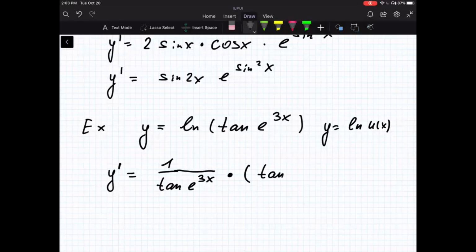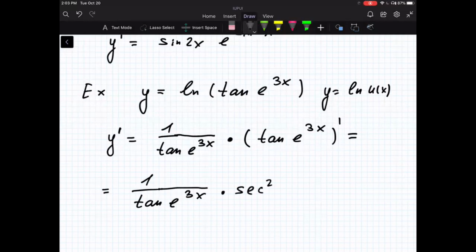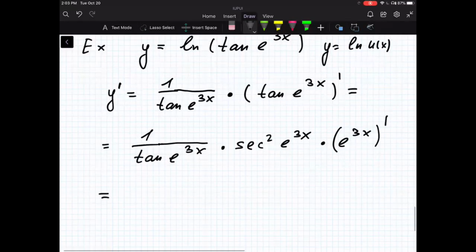So the derivative of tangent of exponential of 3x. So that was the first step. On the next step, I need to differentiate tangent. And that gives me secant squared of that exponential 3x. But since it's a composition of two functions, I need to differentiate that exponential as well. And the third step, the last step, is the following.